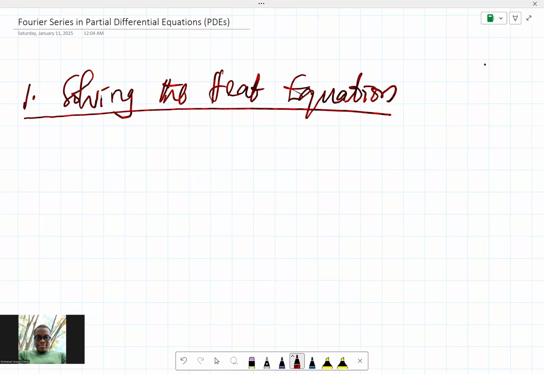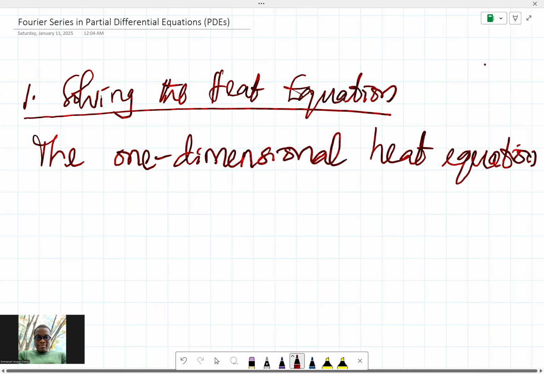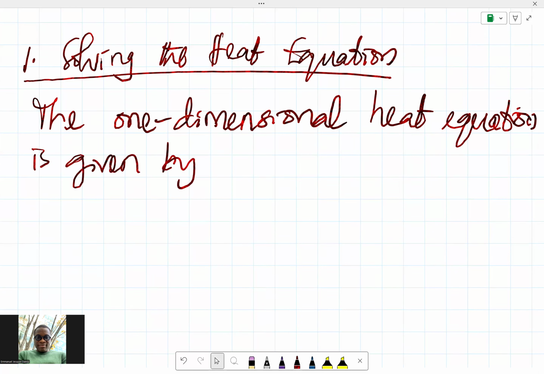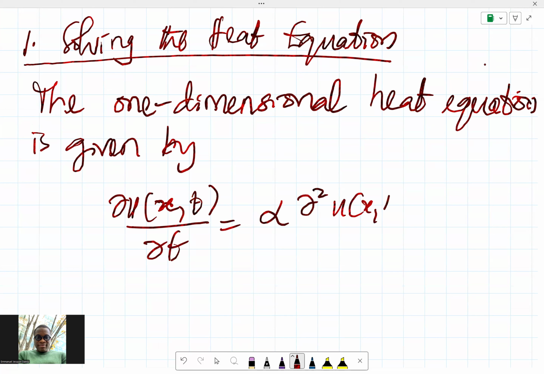The one-dimensional heat equation is given by partial u of x comma t, partial t, equal to alpha partial squared u of x comma t, partial x squared.